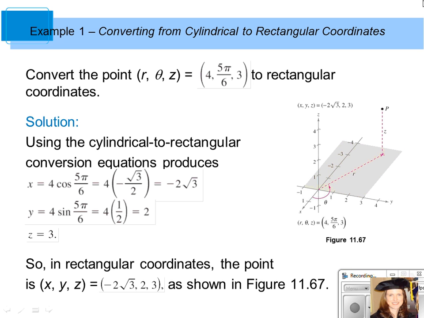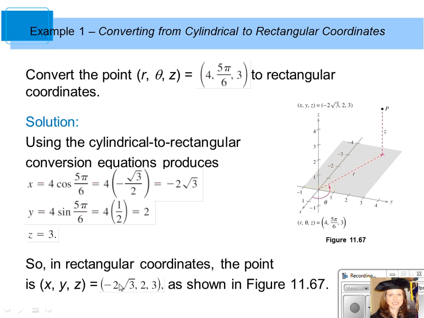Now this is what it looks like by graphing it. The point with cylindrical coordinates 4, 5 pi over 6, and 3: imagine going out 4 units, but the angle that you make from the positive x-axis is 5 pi over 6, measured in the direction of the positive y-axis. You're going to go out 4 units in the radius and then go up 3 units to point P. Now, a good idea is to check to make sure your converted coordinates will bring you to the same location.